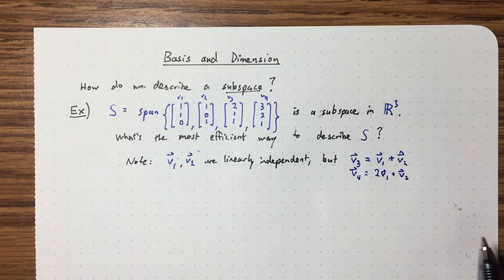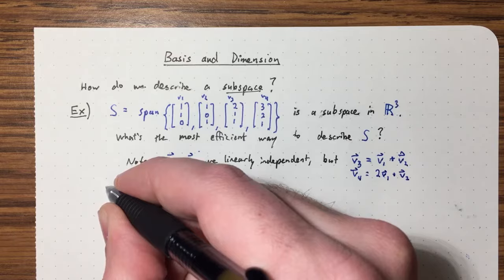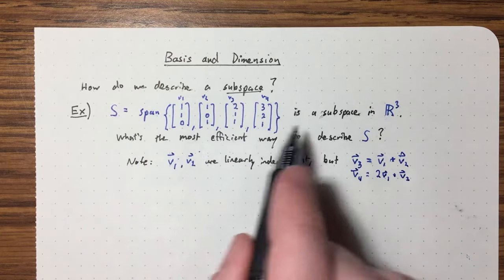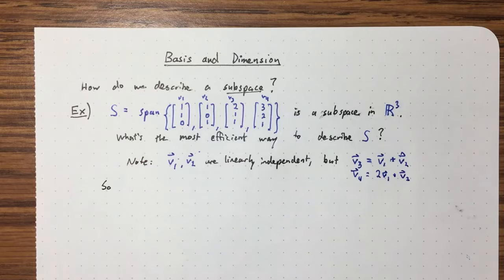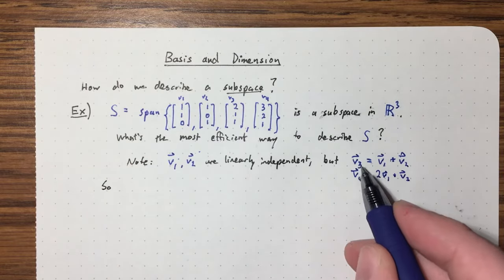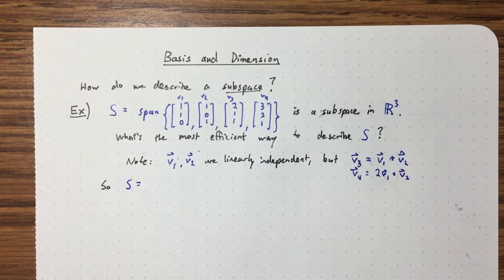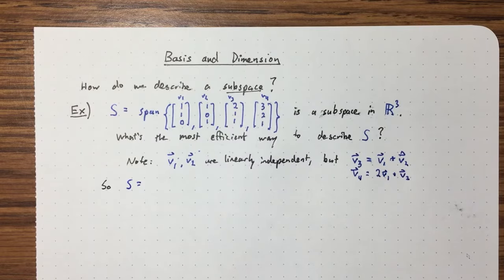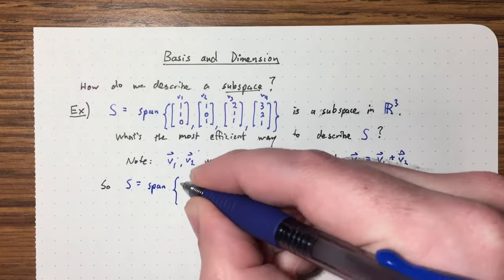Okay, so there's some redundancy here. That's the point. And so there's actually a better way to write this subspace. We see that we can write v3 and v4 as combinations of v1 and v2, but v1 and v2 themselves are linearly independent. So S is actually just the span of v1 and v2. Same thing.